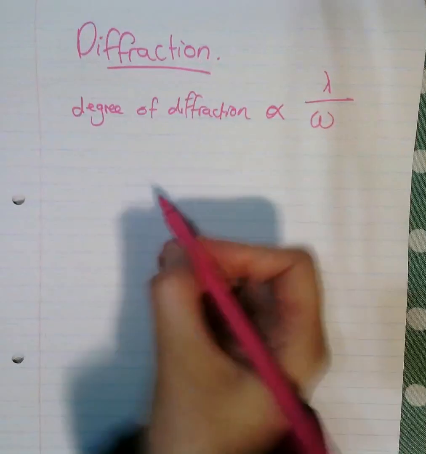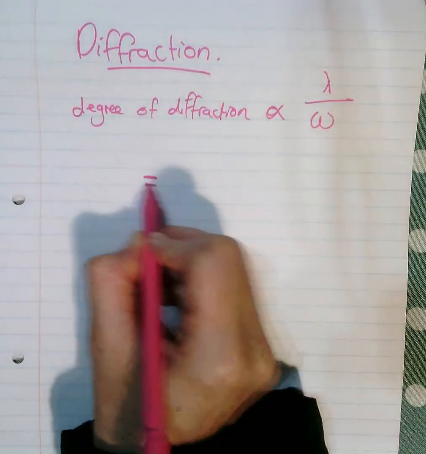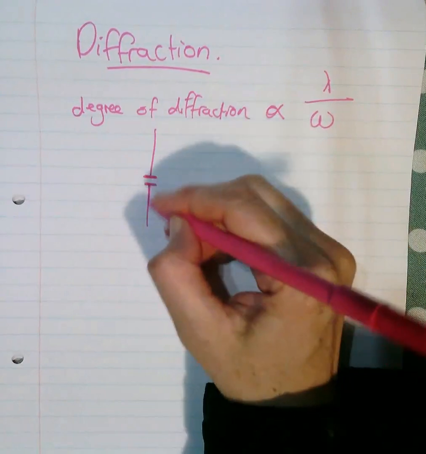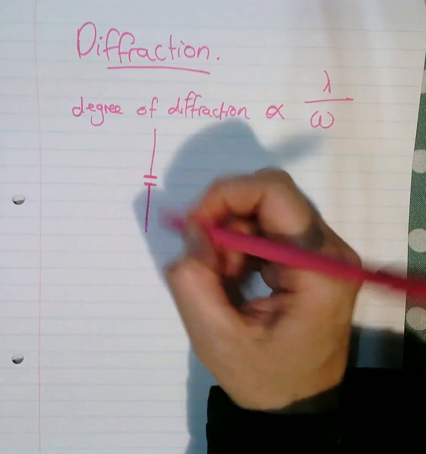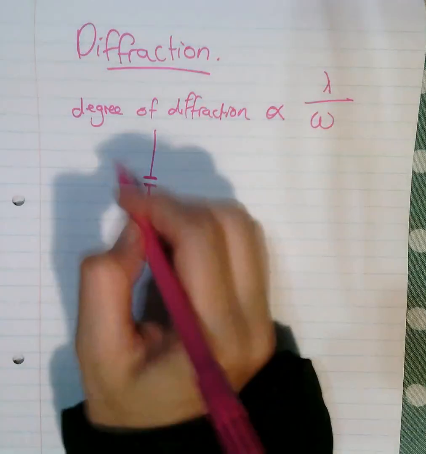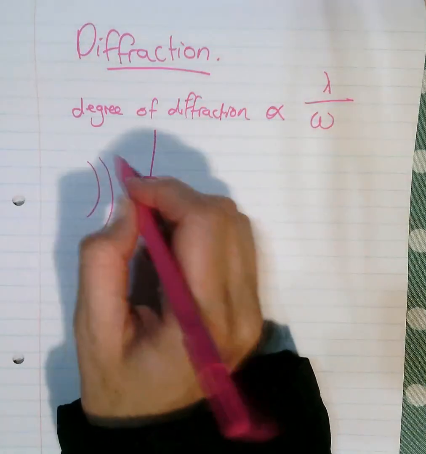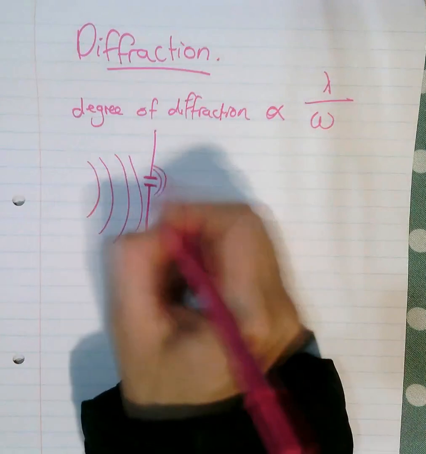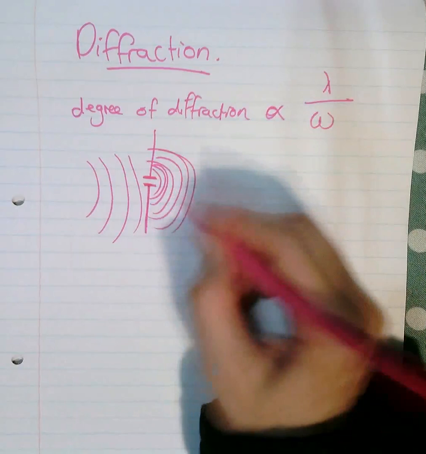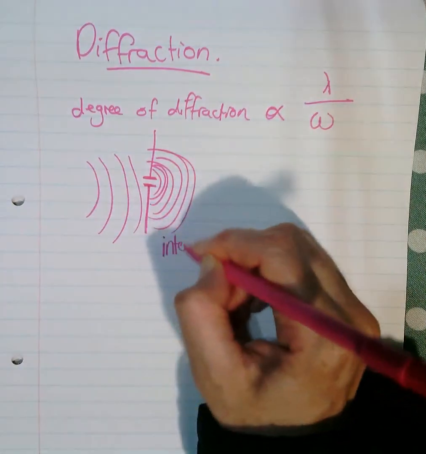So in other words, what happens here is we have some barrier that causes a wave here to bend there. And because it bends there, here it undergoes interference.